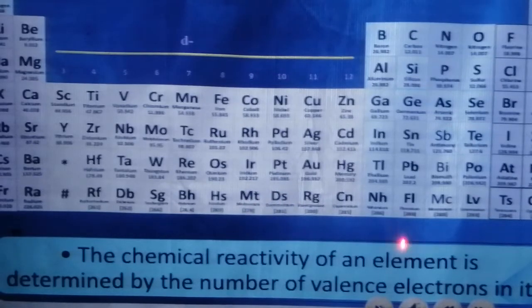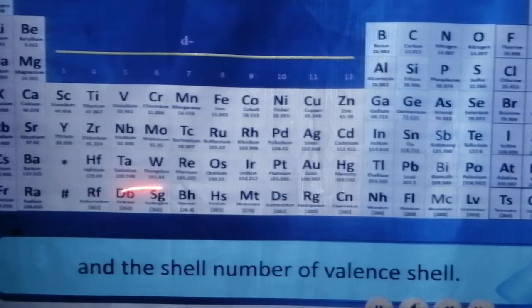That is the valence electrons in it. The outermost shell is called the valence shell.